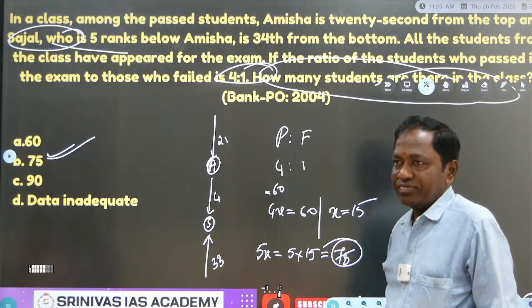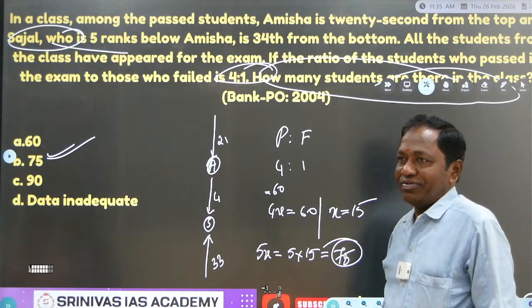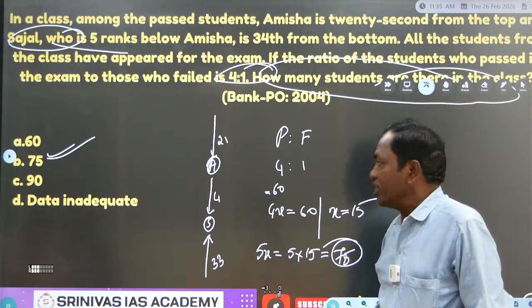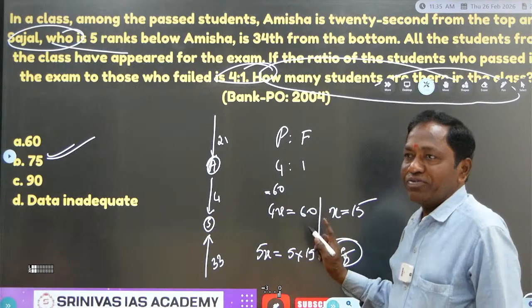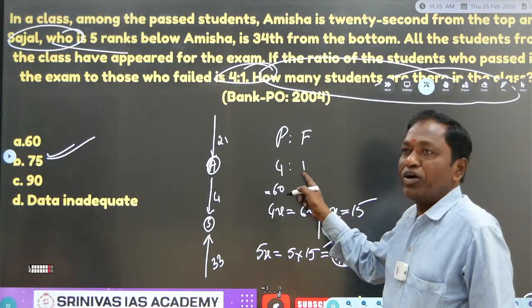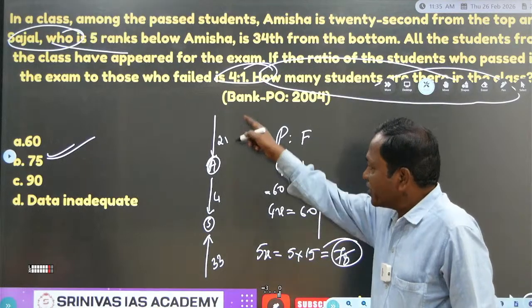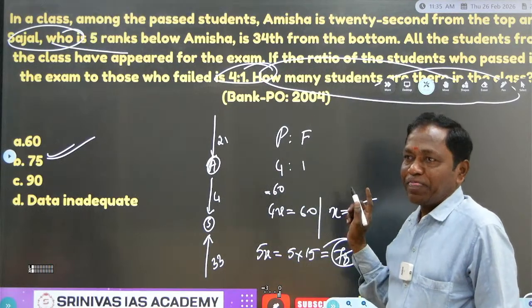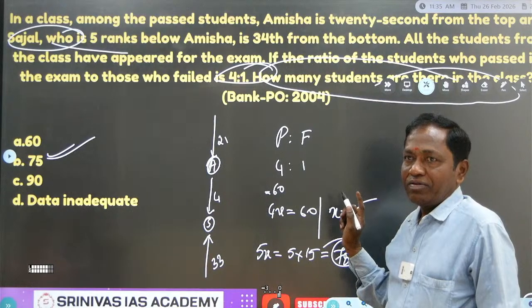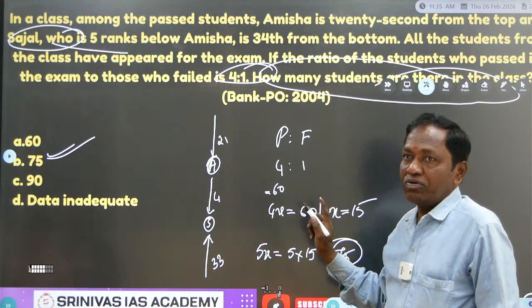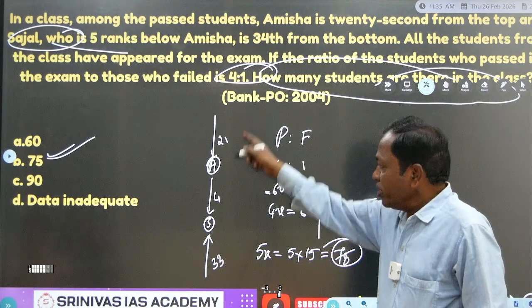You have not read the question properly. Fail we do not know; only one ratio we come to know. That is all related to how many people passed.